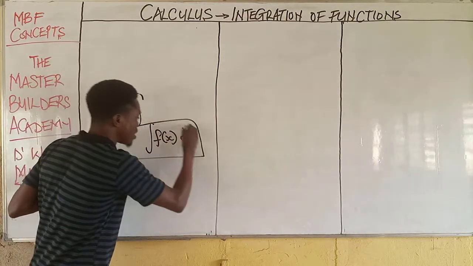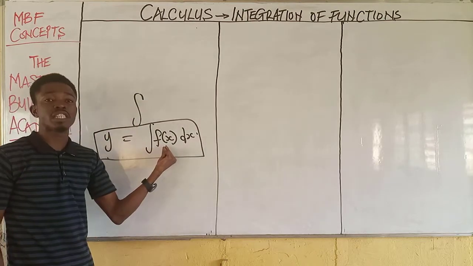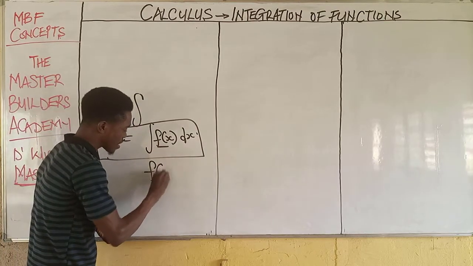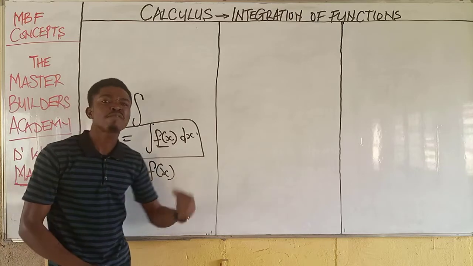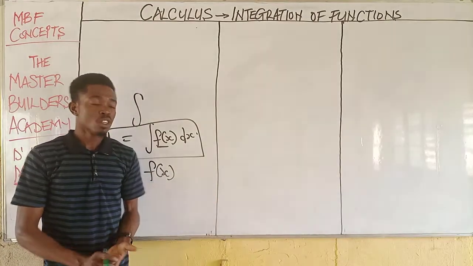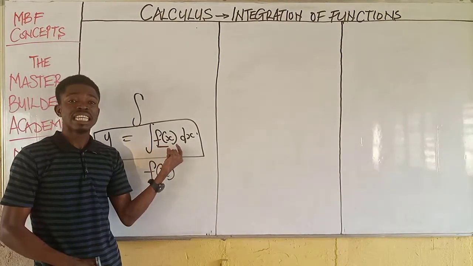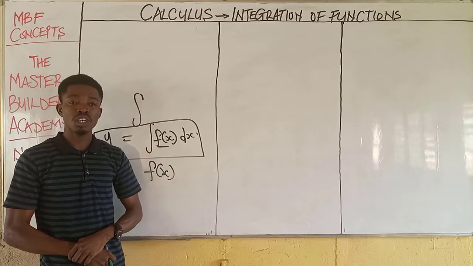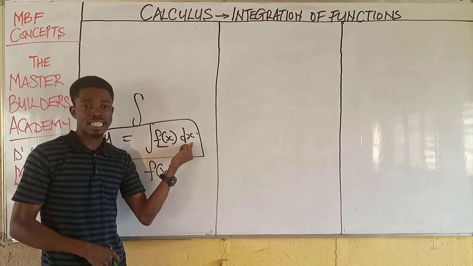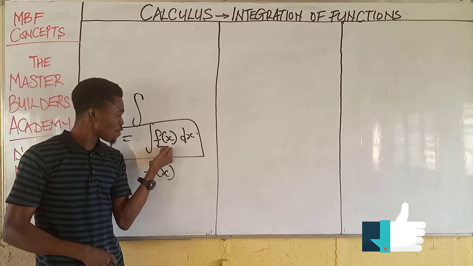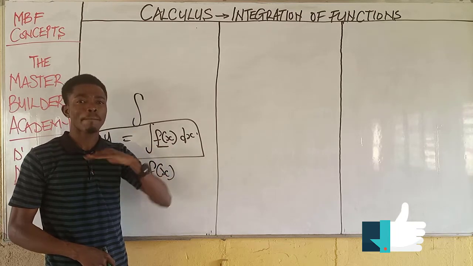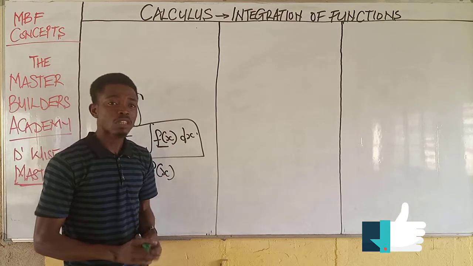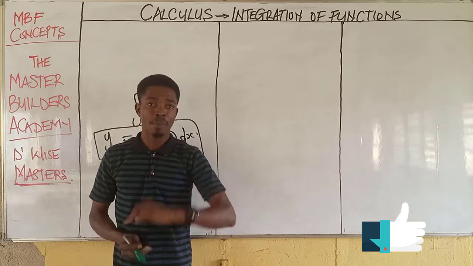Any question you have in integration will always come in this format, where f of x can be any function of x. We only integrate the right hand side of the equation with respect to x. So f of x can be any of the mathematical functions that we have mentioned in our previous lesson.